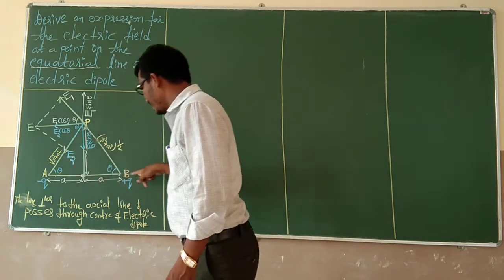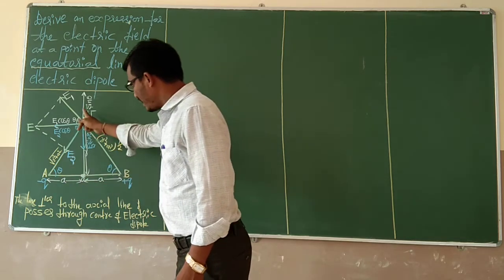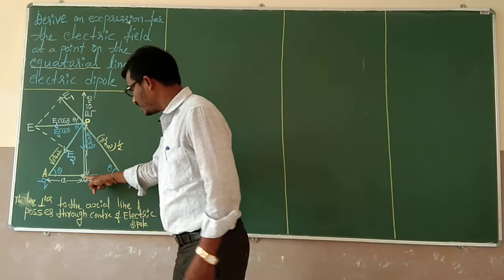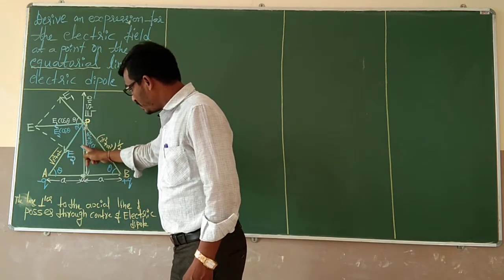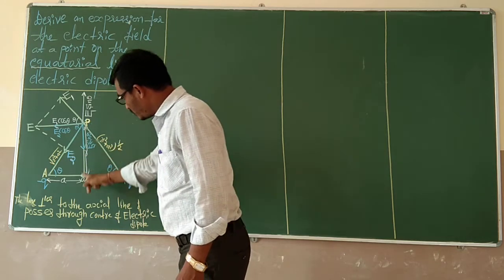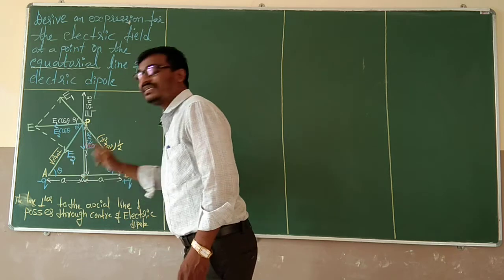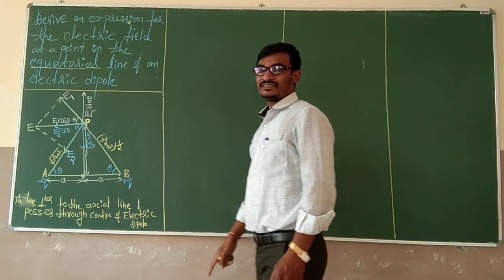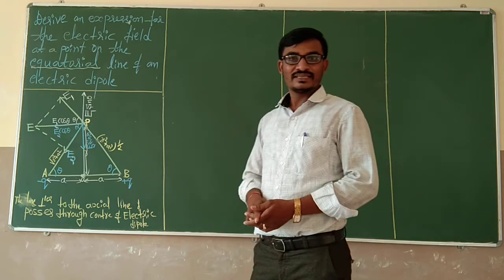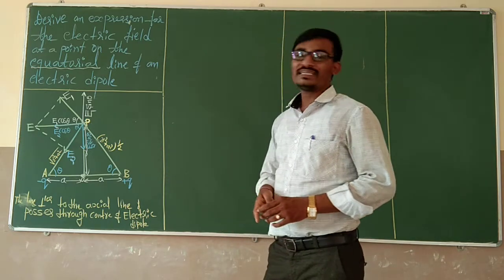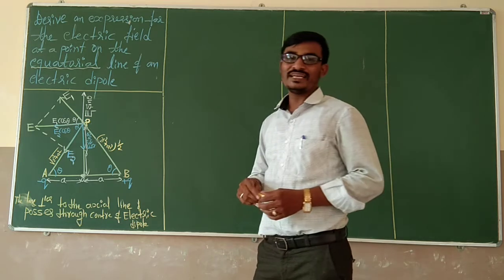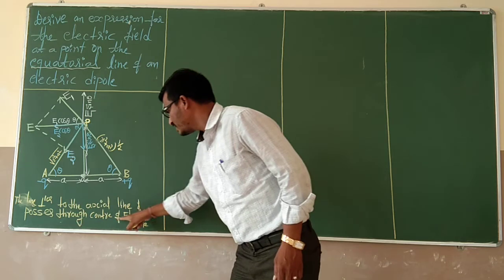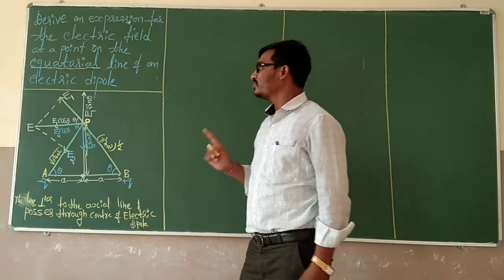This is the axial line, that is A to B. We have to draw a line perpendicular to the axial line that passes through the center of the electric dipole. That line is the equatorial line. It is a line perpendicular to the dipole axis which passes through the center of the electric dipole. See here, the line perpendicular to the axial line and passing through the center of the electric dipole is called the equatorial line.